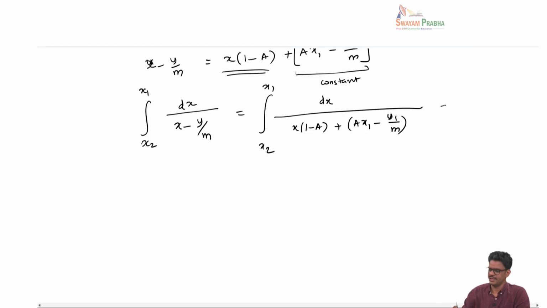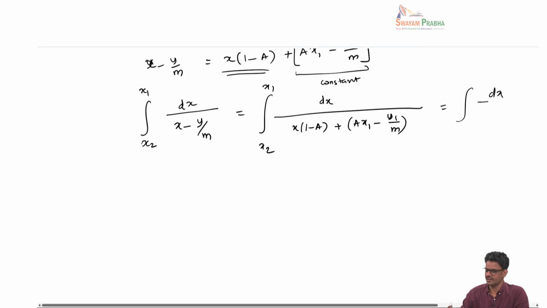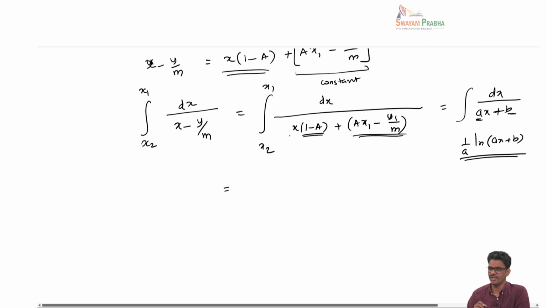this is basically in the form dx by some ax plus b kind of formula, right? Because this small a here is nothing but 1 minus A, this b constant is all these terms. And you know that this integral is actually 1 by a ln of ax plus b. You can use this formula to integrate this.